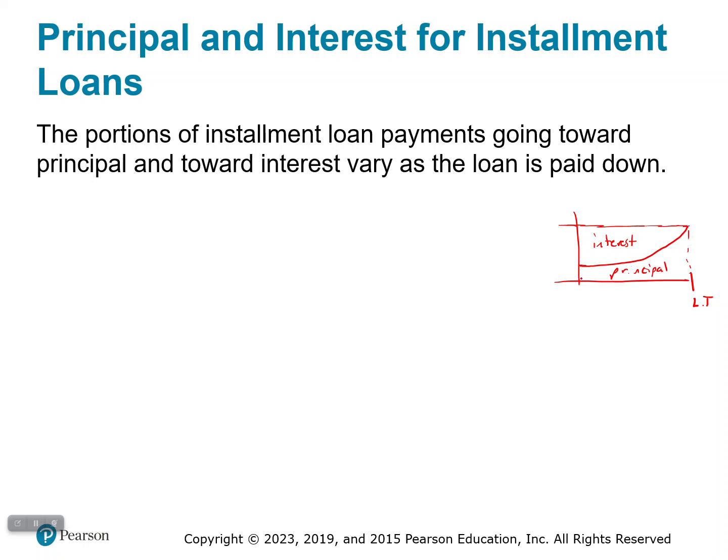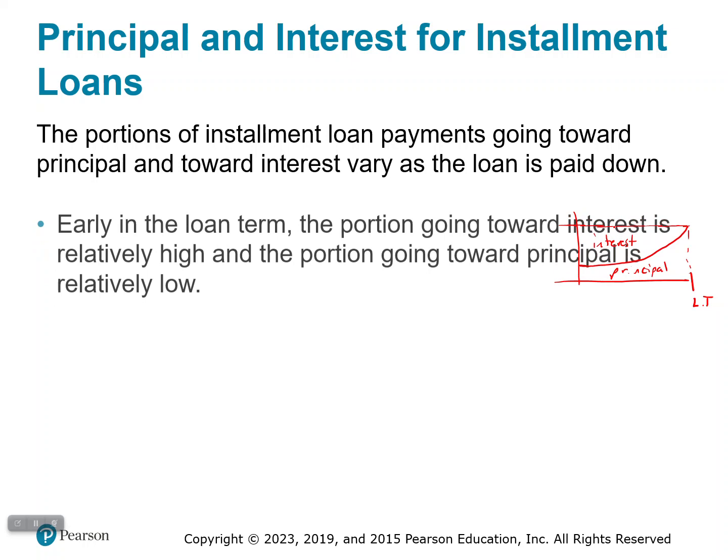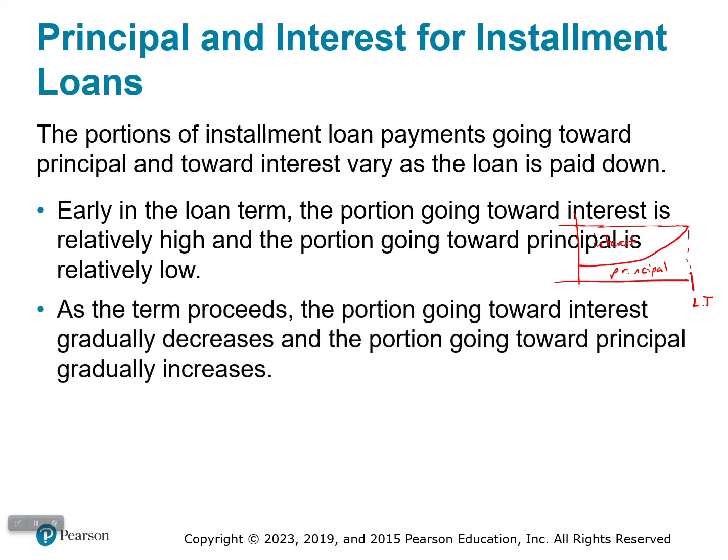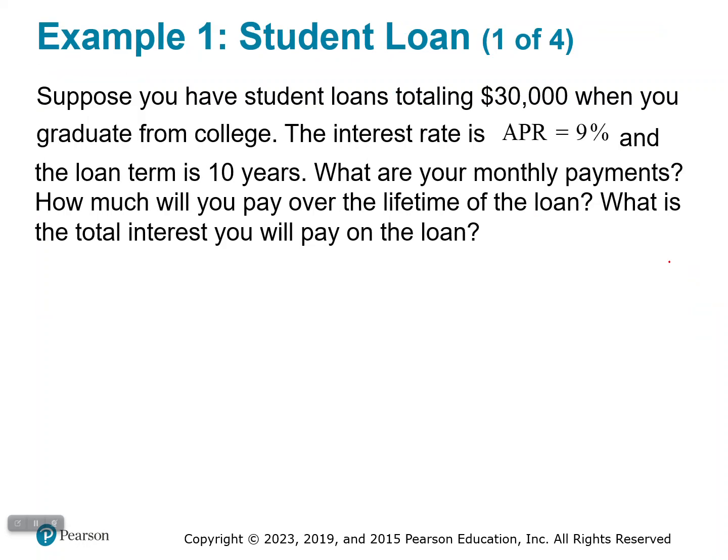So at the beginning, you're paying very little principal, but the lender is getting their money. Early in the loan term, the portion going towards interest is relatively high, and the portion going towards principal is relatively low. I drew that picture in the wrong spot. I could have moved it down just a little bit. As the term proceeds, as we're getting towards the loan term ending, the portion going towards interest is smaller, and the portion towards principal is much larger.